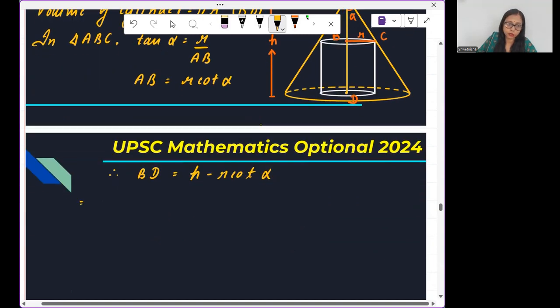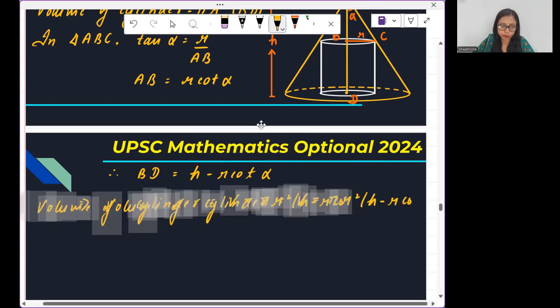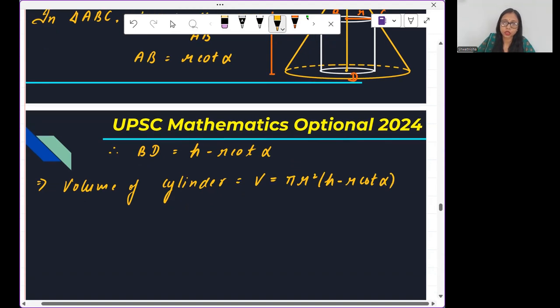Right? It implies the volume of the cylinder, capital V, is pi r square times the height of the cylinder, which is h minus r cot alpha. So V is pi times h r square minus r cube cot alpha.